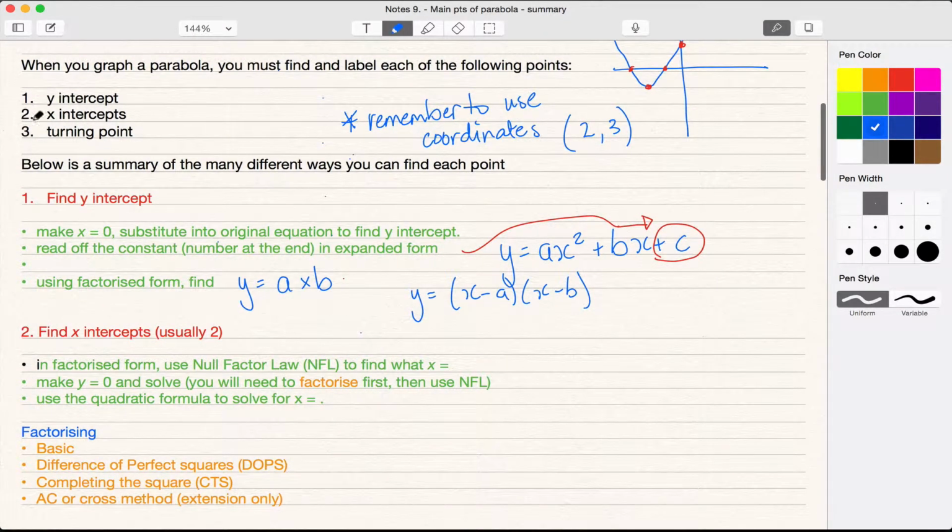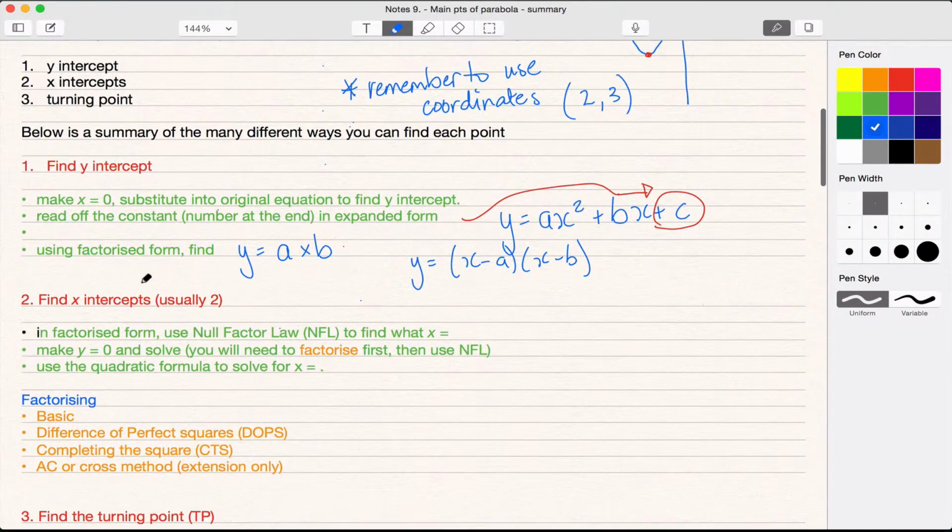The second set of points we need to find is the x-intercepts, and this is probably one of the hardest ones people find. There's usually 2, sometimes there's 1, and sometimes there's 0 x-intercepts. The first way I've got here, if you have your equation in factorized form, which is this one here, you can use the null factor law to solve this equation and find out what x equals.